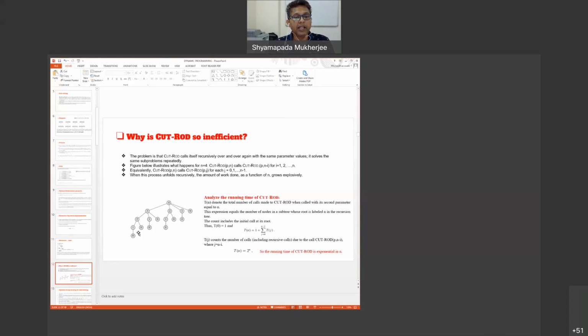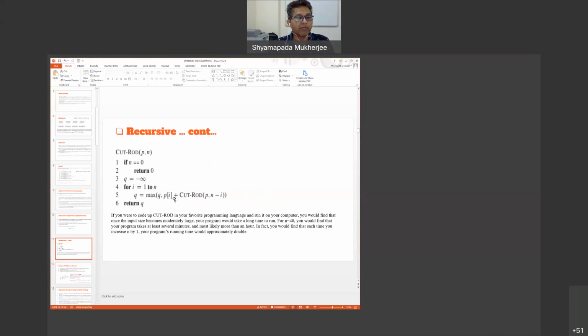Then for i equals 1, this part is fixed because p i is a constant value stored in the table, but we are making a call to n minus 1, that is 4 minus 1, that is 3.